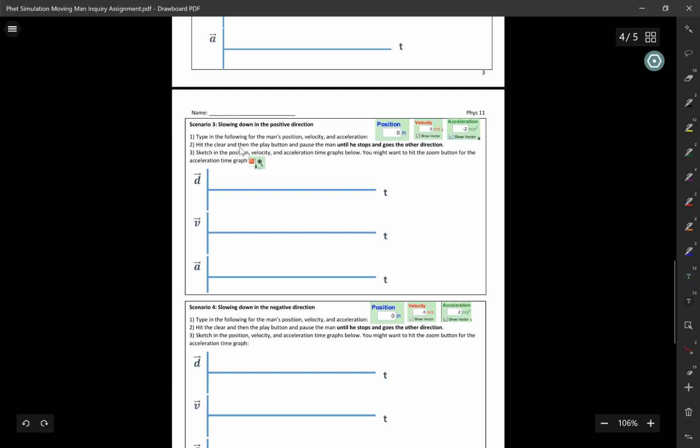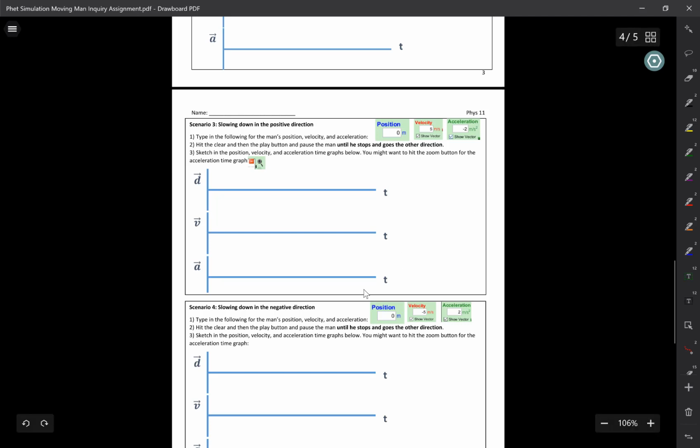You want to hit the clear and then the play button, and pause the man until he stops and goes the other direction. When he stops, he's about to go in the other direction. That's where I want you to pause, because that's the part of the graph that I want you to draw. You're welcome to unpause it to see what happens.